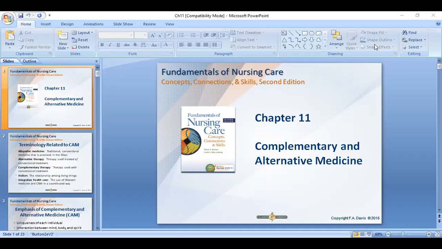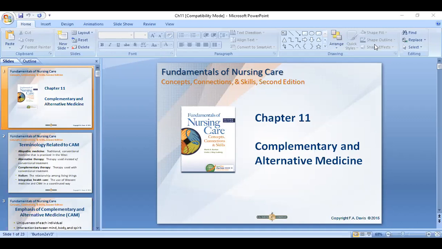I'm just recapping it for you. Alternative medicine describes any practice that aims to achieve the healing effect of medicine, right? And complementary medicine has other names.